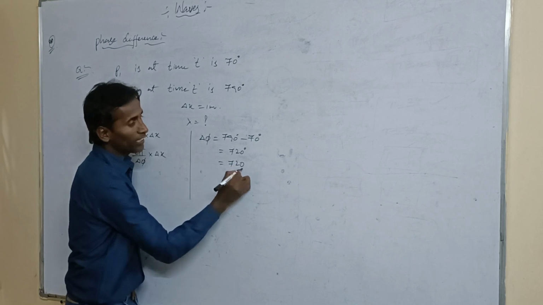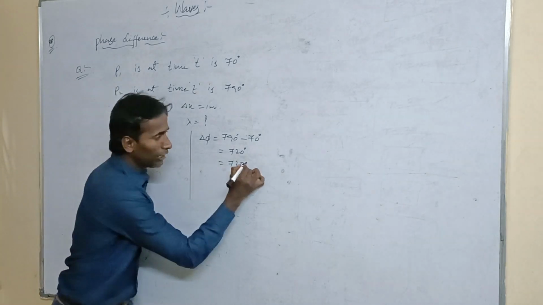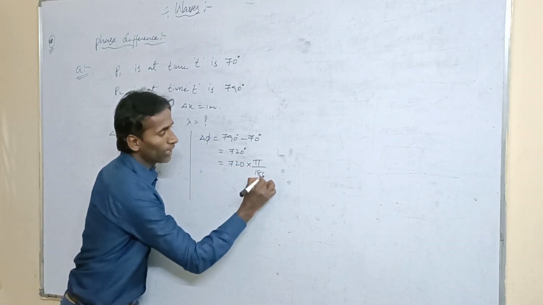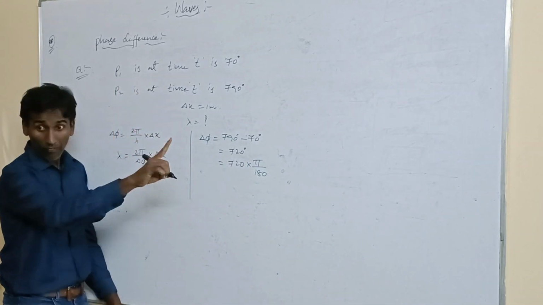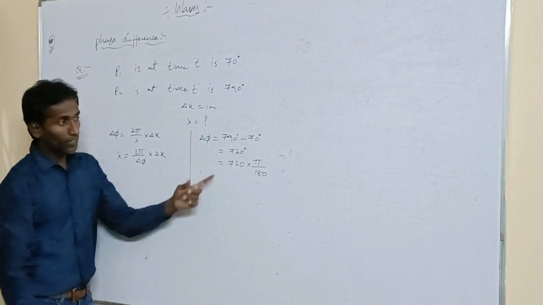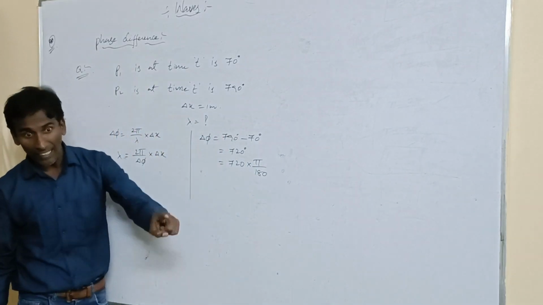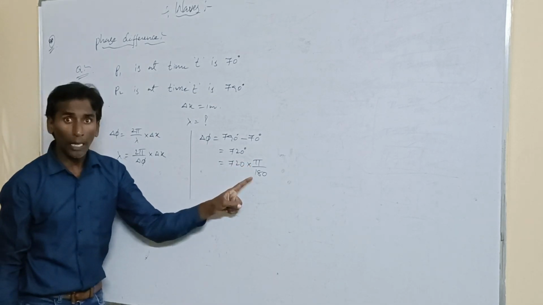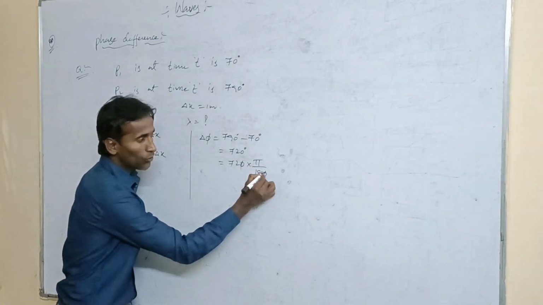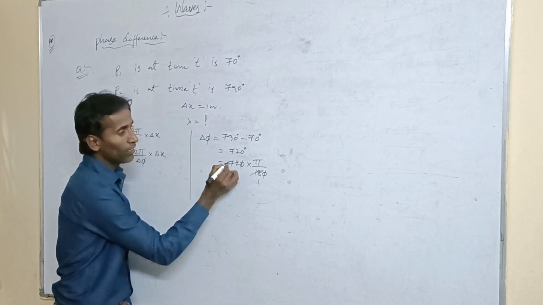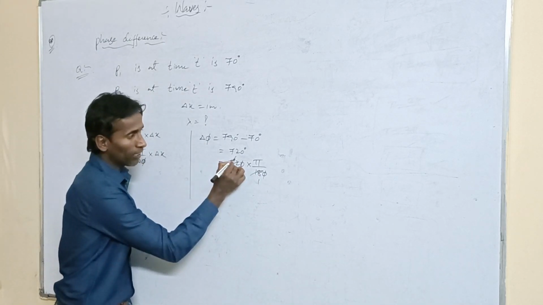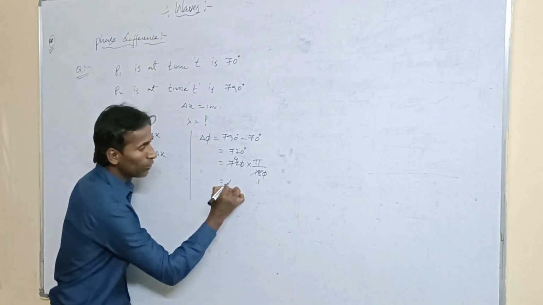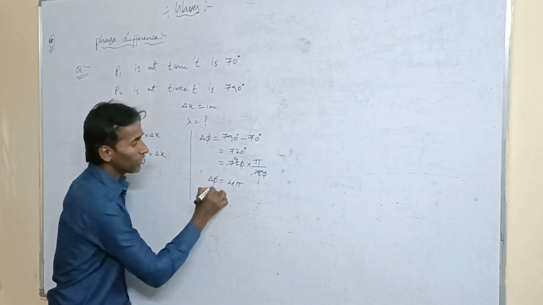You have to convert 720 into radians: 720 × π/180. Degrees are converted to radians by multiplying with π/180. Then the zeros cancel, 18 ones are 18, 18 fours are 72, so 4π. So this is the Δφ value.